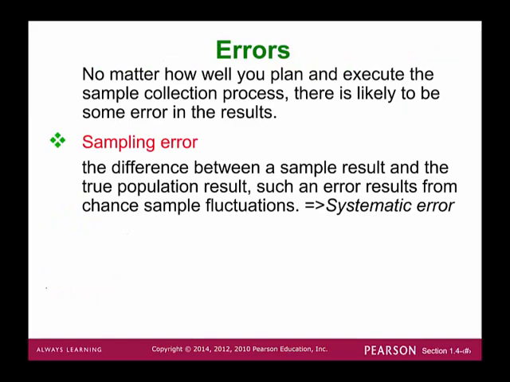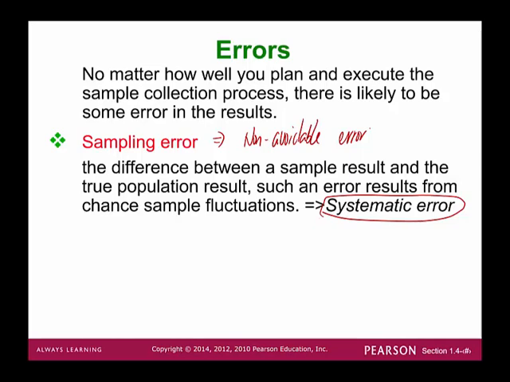Anytime you conduct a research study using a sample, there's always an error involved. No matter how well you plan and execute the sampling collection process, there's likely to be some error in the results. The first error is the sampling error, and this is also the systematic error, meaning you cannot avoid it, right? It's unavoidable error.